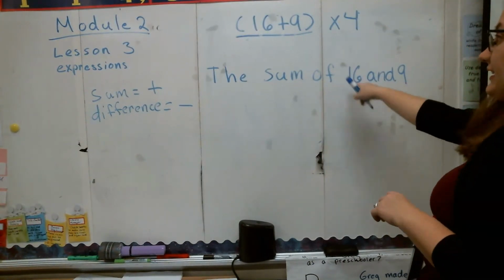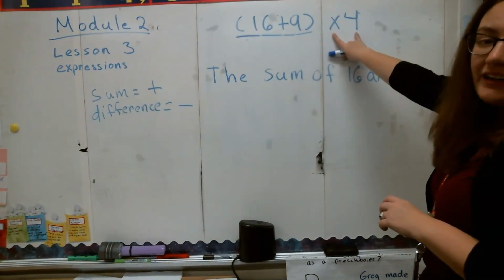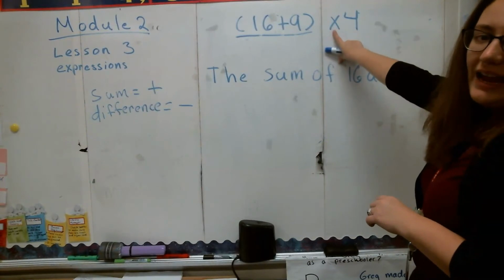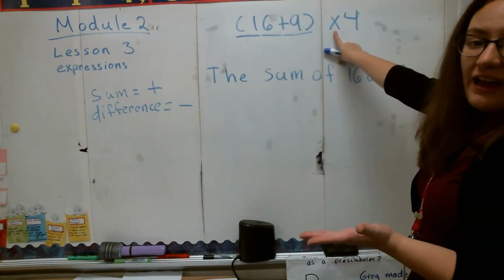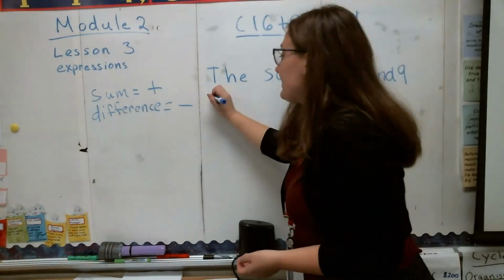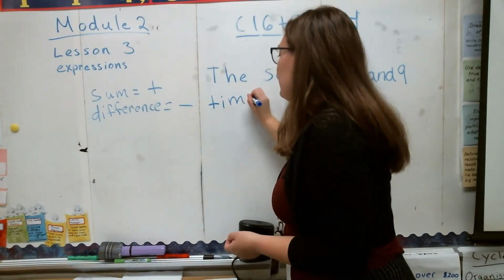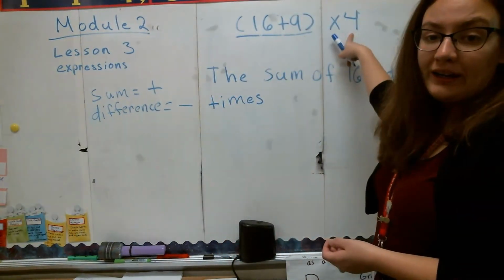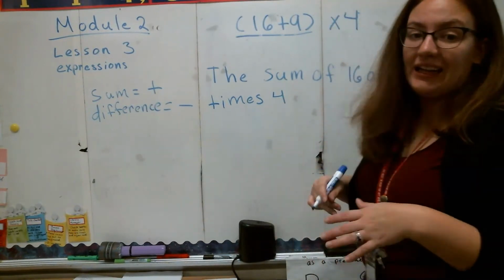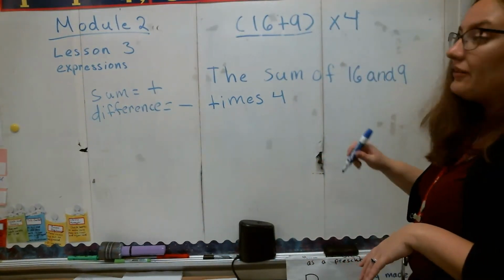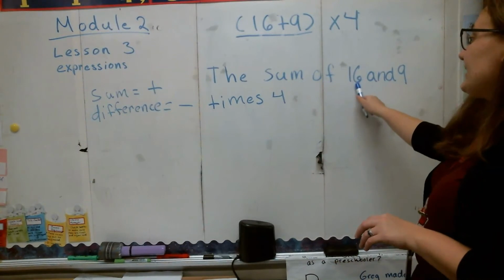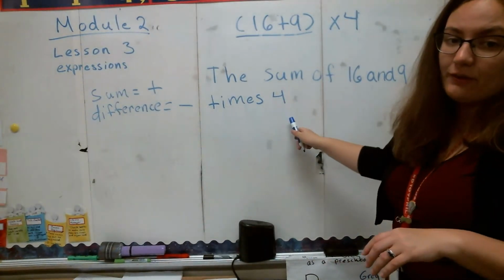So I have the sum of 16 and 9 right here, and then I have the multiplication symbol, instead of having the multiplication symbol, I'll just write times 4. And that is all we have to do to solve this problem. So we have the sum of 16 and 9 times 4.